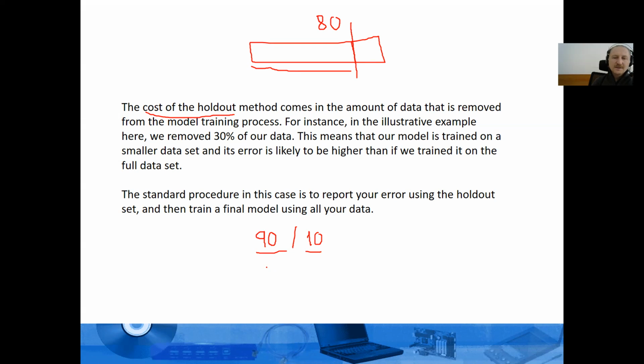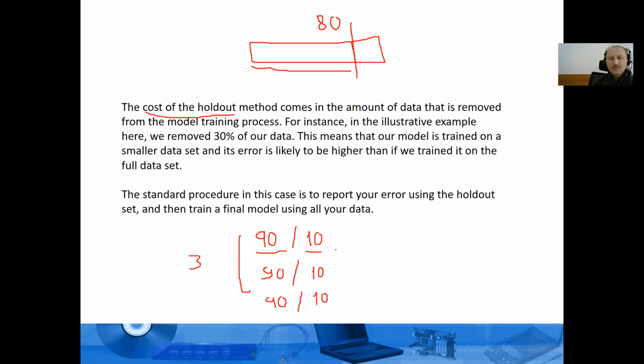Again, you can divide it randomly, 90% and 10% again, and you can train and you can test. You can repeat this holdout method 3 times, for example, with different randomization seeds, dividing it randomly 90% and 10%.